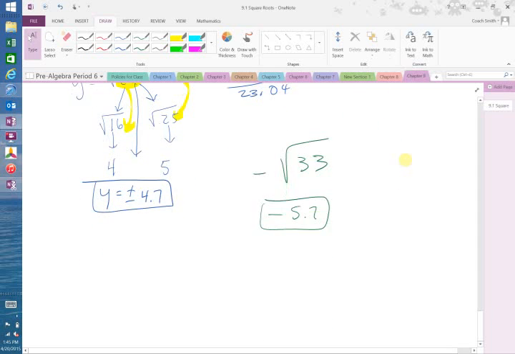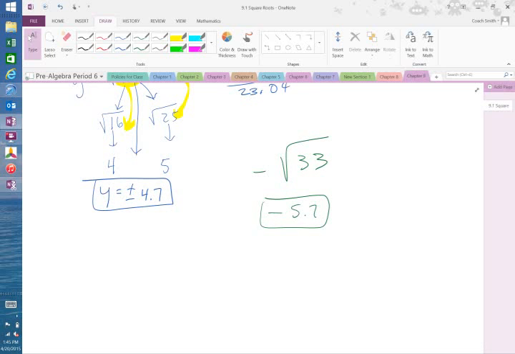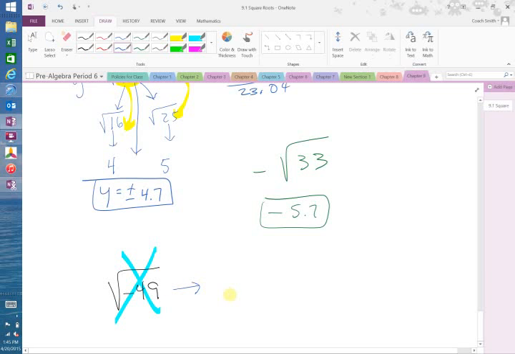Now, understand this. Only use a calculator where they say you can. On solving the equations, you can't use a calculator. Okay? Now, understand this. You can't have the square root of negative 49. That is not possible. The reason being is because there is no number times itself that would equal negative 49.